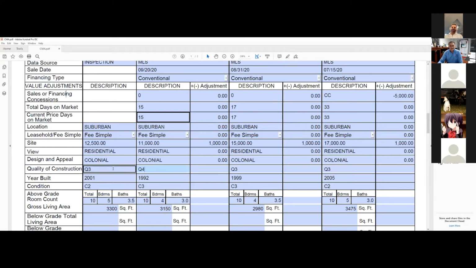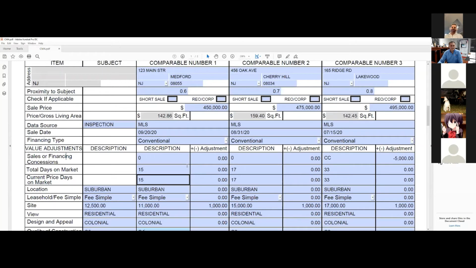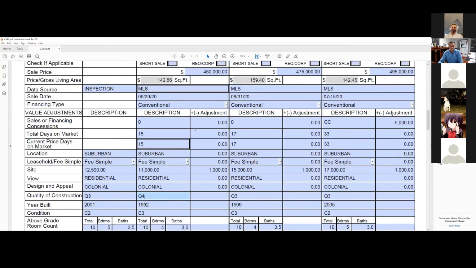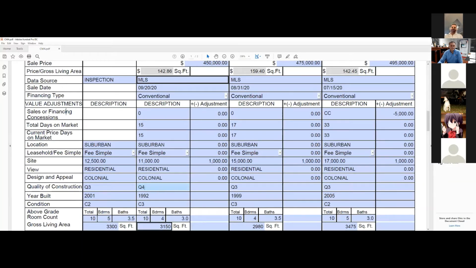Can somebody tell me the difference between Q3 and Q4 in quality for properties? Now you can see the price range up here. Anybody? Maybe the year built. Quality of construction is Q4, which is worse than Q3. Correct. Q4 is worse than Q3, but what is the adjustment?